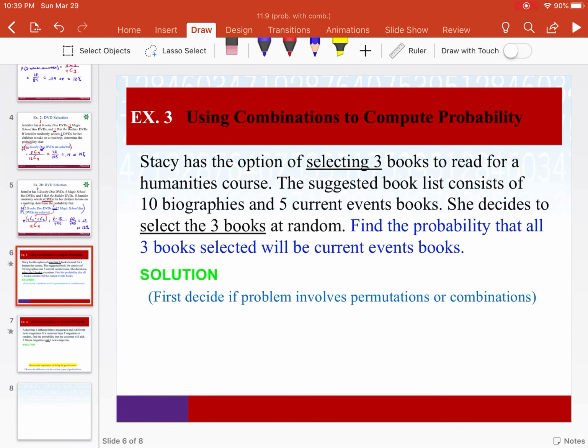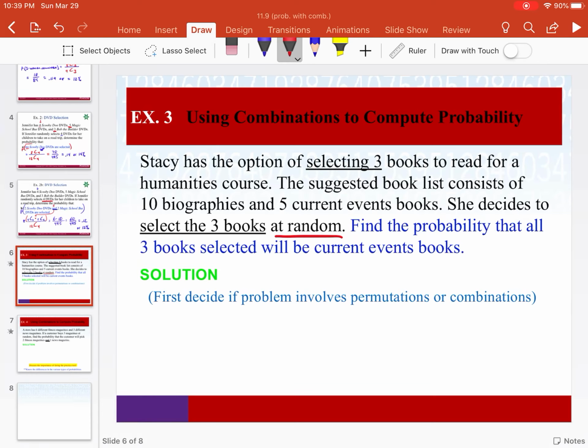Stacy has the option of selecting 3 books to read for a humanities course. And the suggested book list consists of 10 biographies and 5 current event books, so 15 total. She decides to select 3 books, and here we go, right off the bat, at random. What does that mean? No preference, not ordering, no arranging.